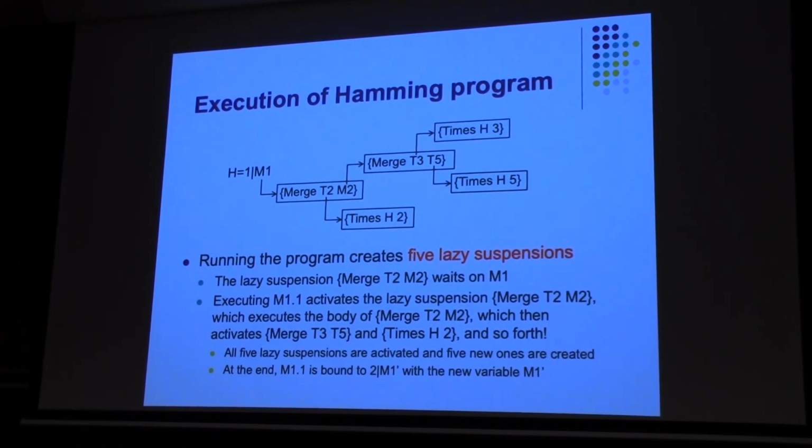The dot is a record selection, and M1 will be a list with 2 arguments, but it's still unbound here. So when I do M1.1, it needs M1, and a wait needed on M1 will continue. So the merge T2 M2 will activate. That means it will start executing the body. Okay?